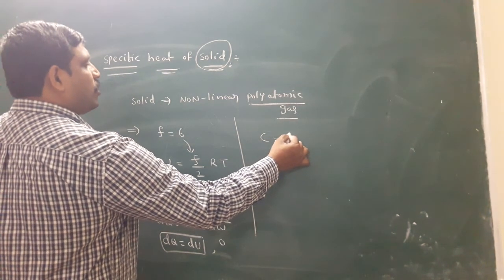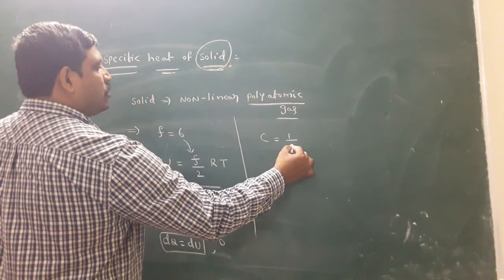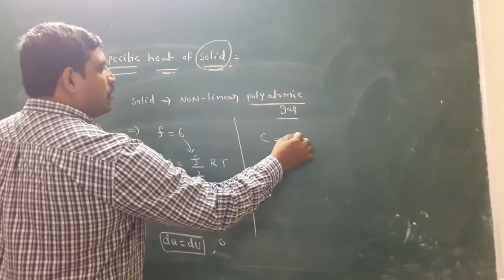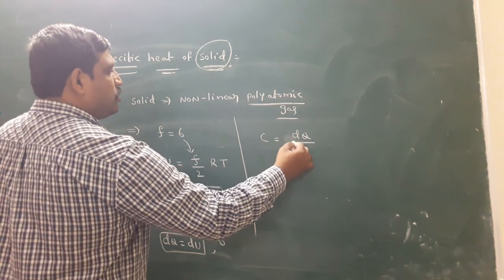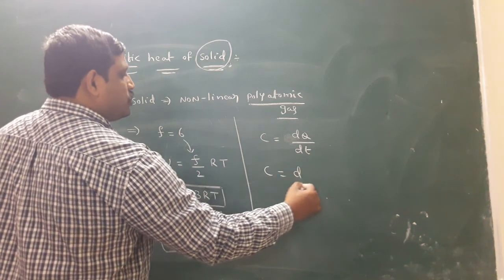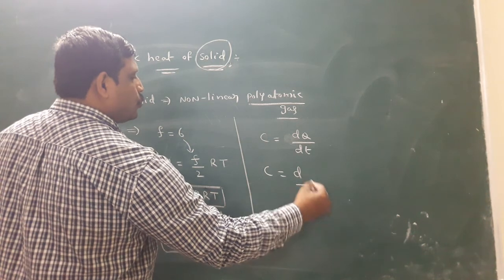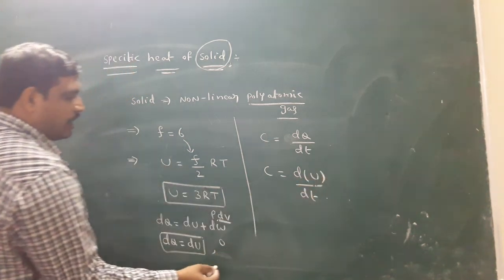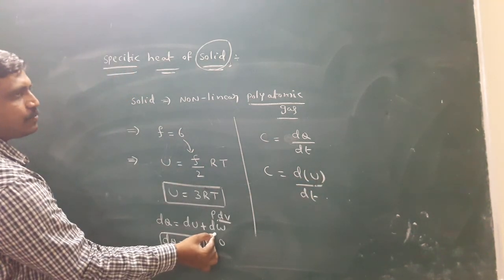Specific heat is denoted by C. The C formula is 1 by n dQ by dT. But here Q is nothing but U, because solid expansion is negligible.